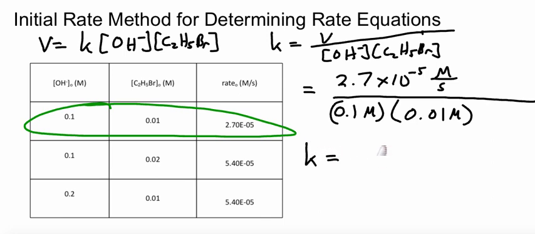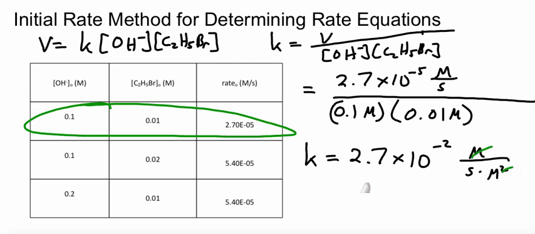And so we can see that in this case, it's going to be 2.7 times 10 to the negative 2. So we had molarity per second divided by molarity squared. And so we can see this is going to give us inverse seconds, inverse molarity. To avoid confusing the symbol for molarity with mega as a prefix, we usually just write that out as moles per liter.